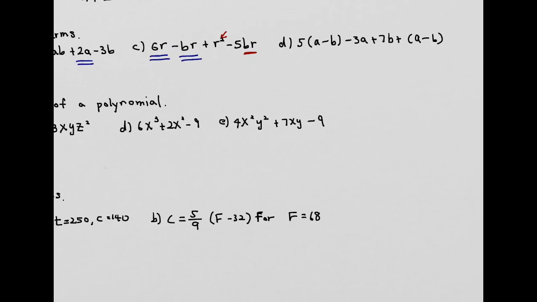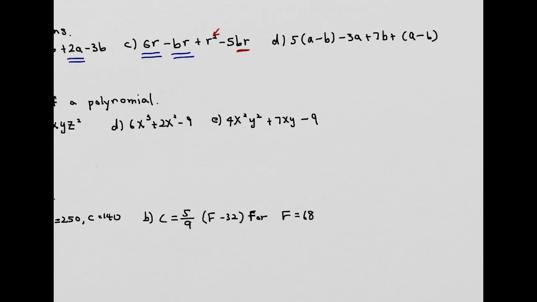The next one, let's see if we have like terms. If we're looking at 5 times a minus b, I see I have another one with a minus b, and the leading coefficient of that term will be 1. So we call that like terms.